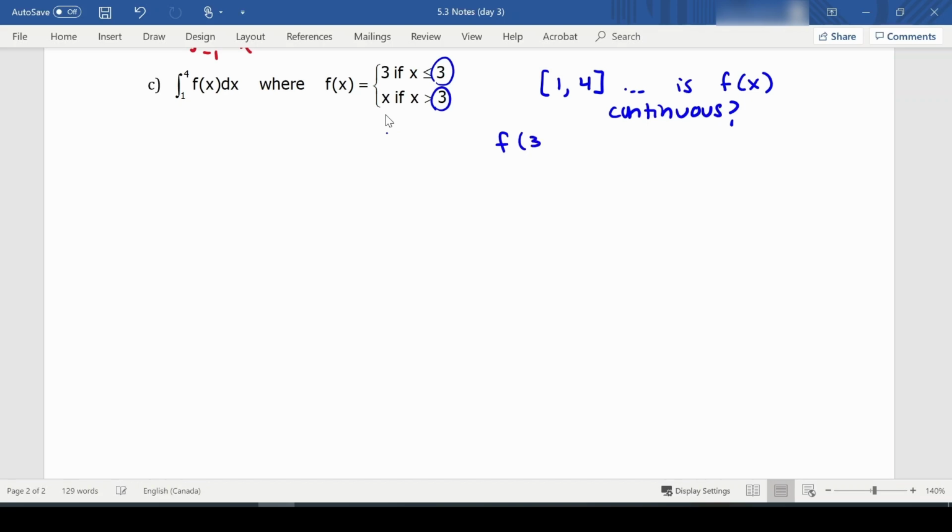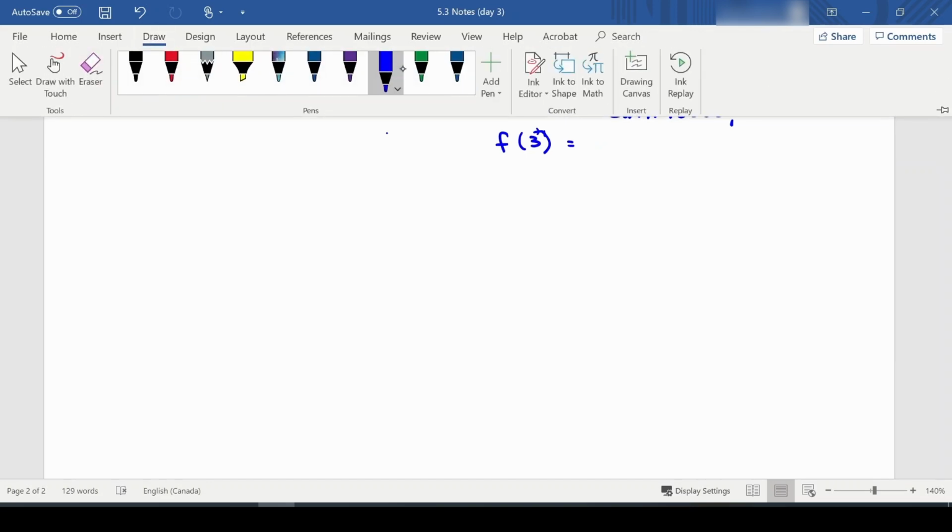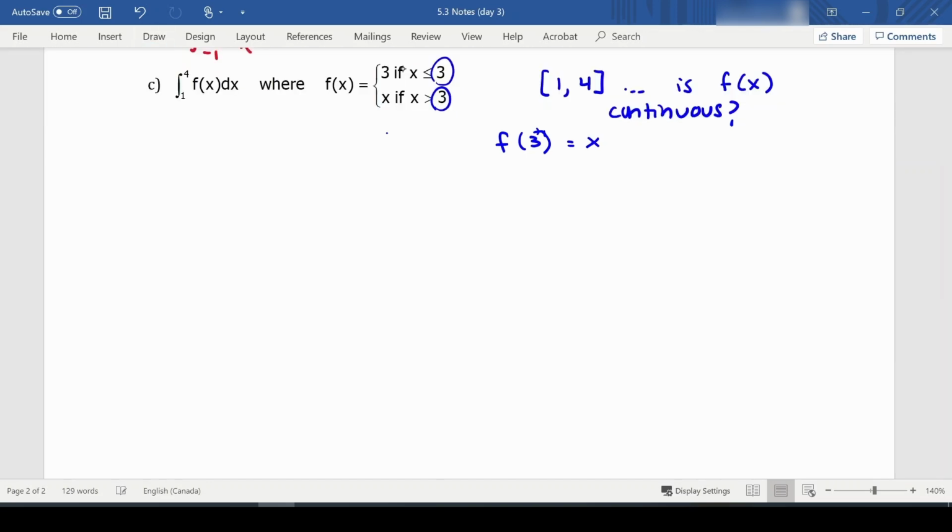So f of 3 from the right-hand side would be x, which is just 3. F of 3 from the left-hand side is just going to equal 3 because f of x equals 3 if x is less than 3. So yes, we are continuous, we can continue.